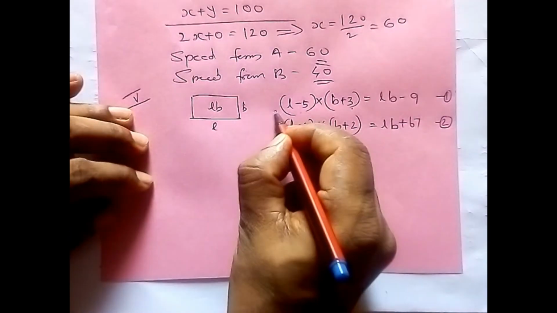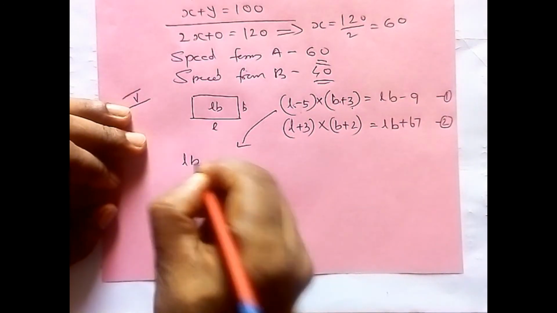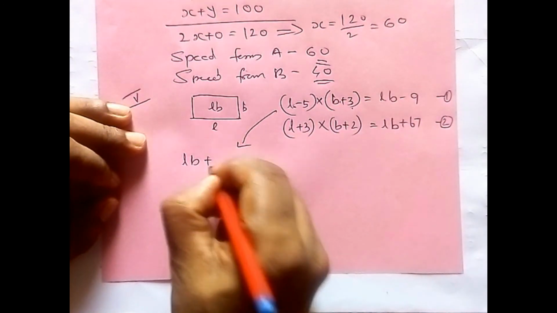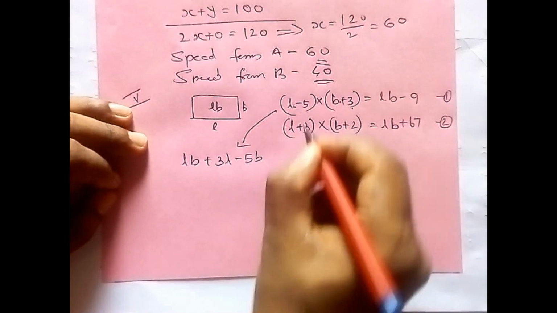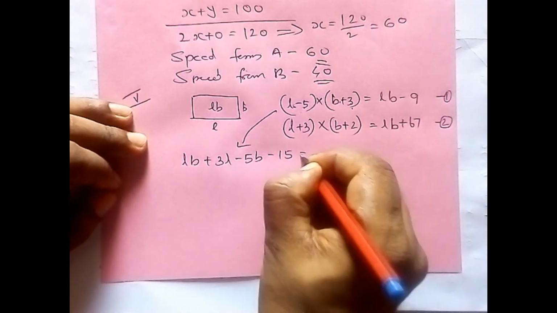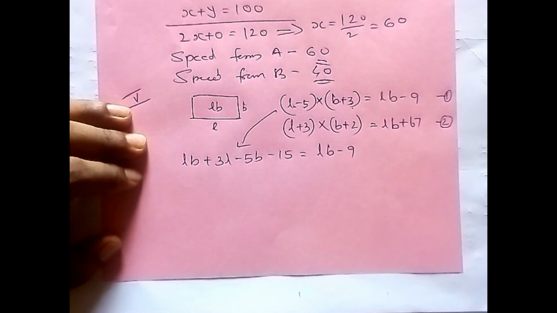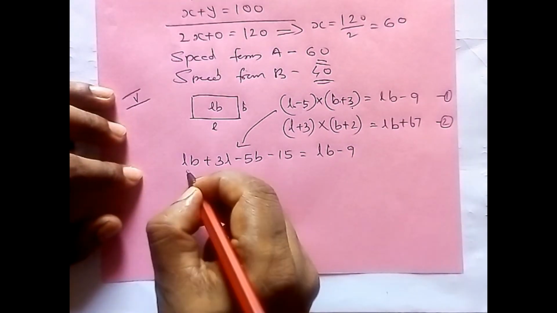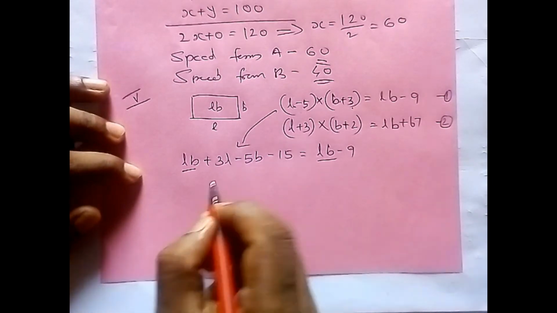So what happened to this equation? We will multiply: L into 3, 3L, minus 5 into B, minus 5B, minus 5 into 3, minus 15, equal to the right side LB minus 9. LB, both of them, they are getting cancelled.